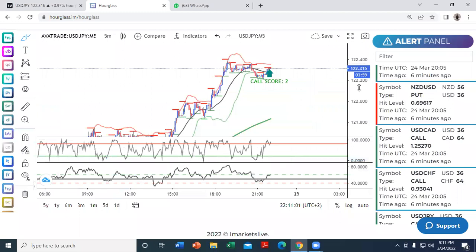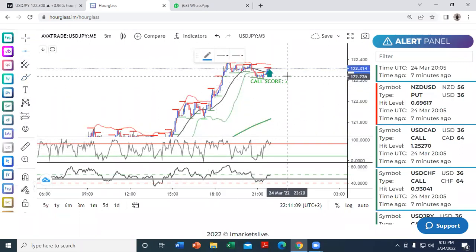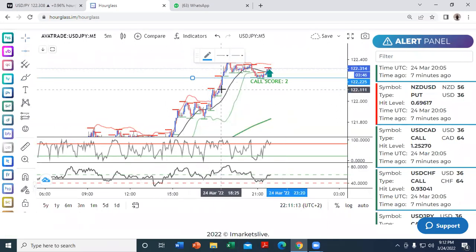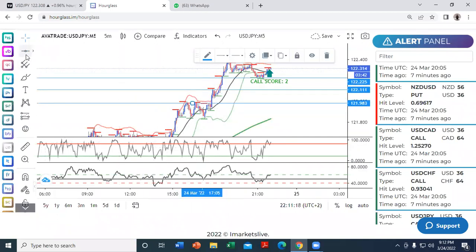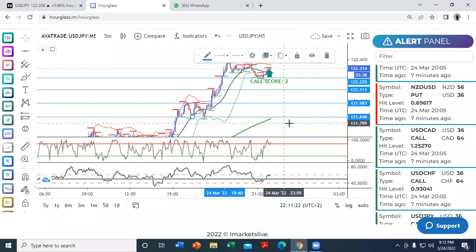So you've marked your entry points. I want to try and put it back. You can see the ease with which I'm picking those entries because I'm not trying to complicate it, just the basic entry points.